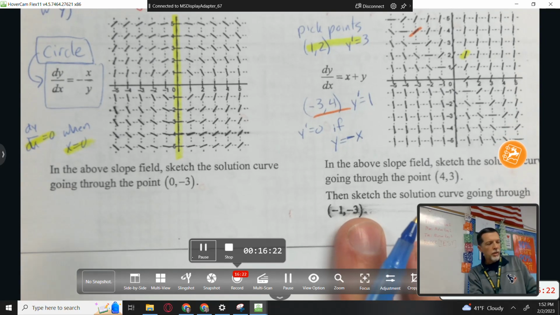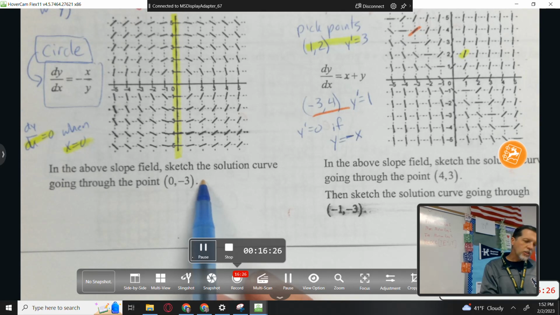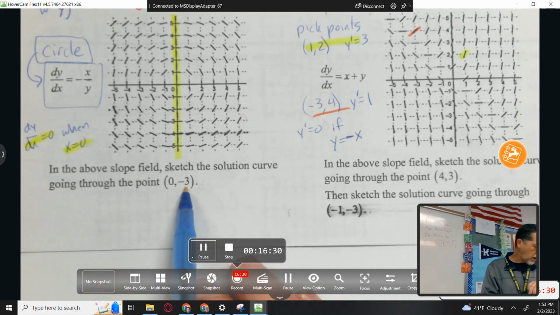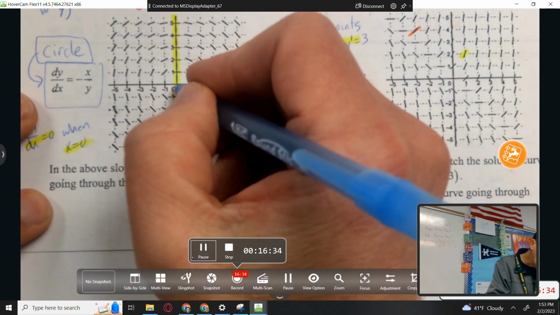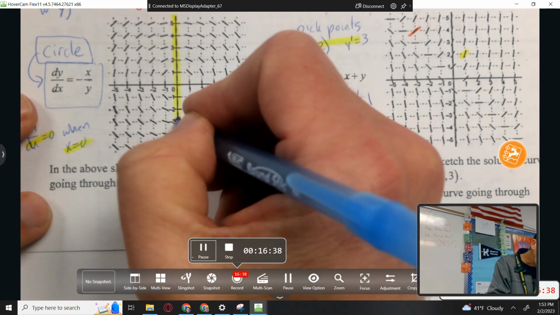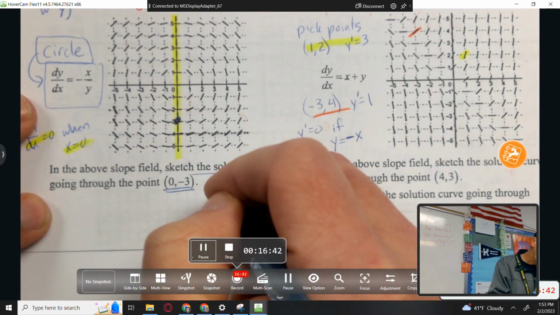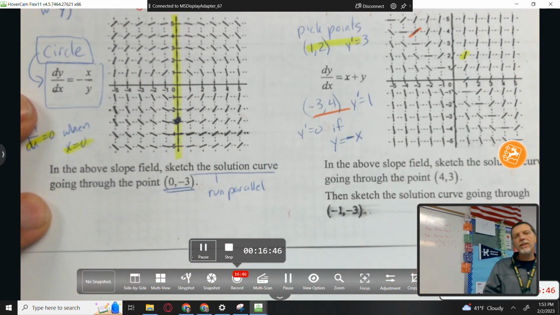One way we use these: in the above slope field, sketch the solution curve going through the point (0, -3). So let's find the point (0, -3). That'd be right there. Here's sort of how to sketch in a solution curve.